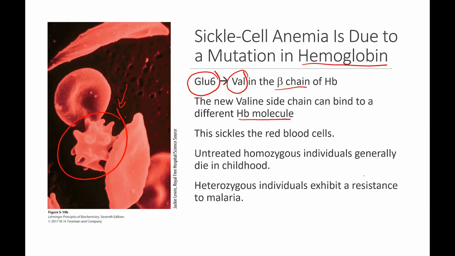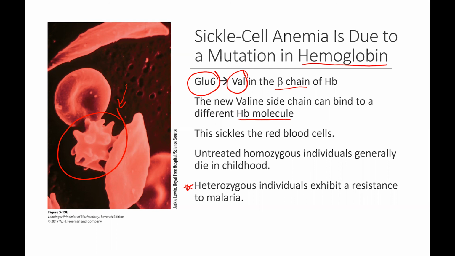If you're unaware, the reason that this mutation, even though it seems to be very damaging, has persisted is because having a heterozygous situation, in which you express this mutation in only one set of genes but not in your other set, you are more likely to be resistant to malaria.